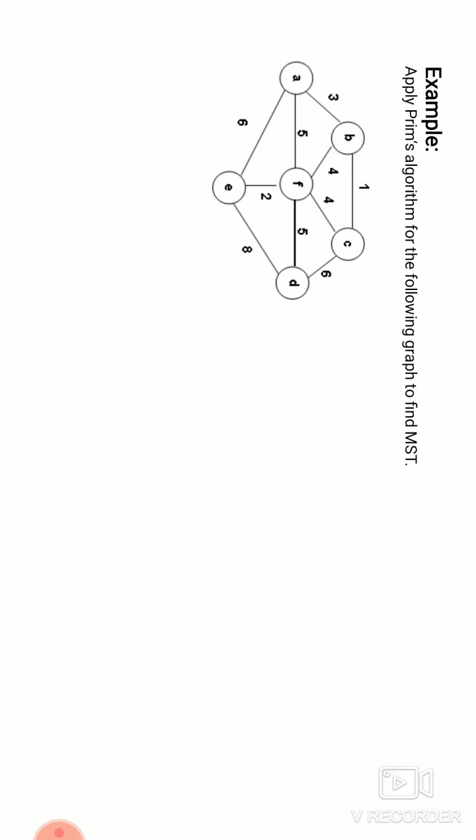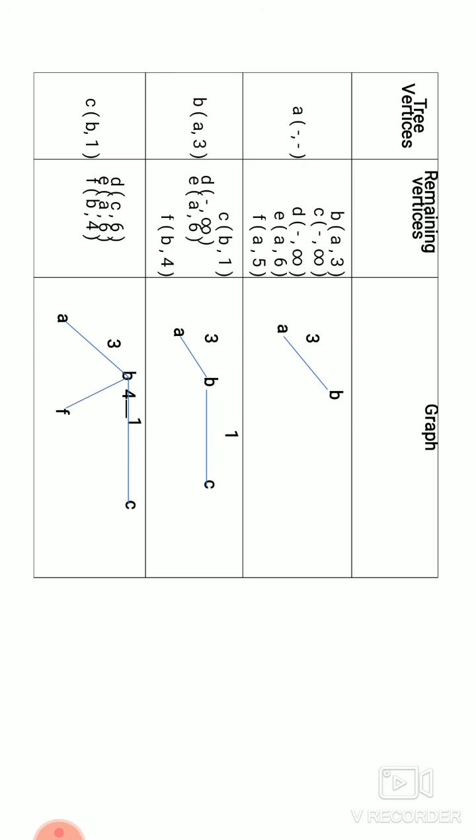Among these three, which has the minimum distance? It is 3, from A to B. So the next vertex that I visit will be B with distance 3. So U is A and B is V. I add A to B with the distance 3 in my graph.